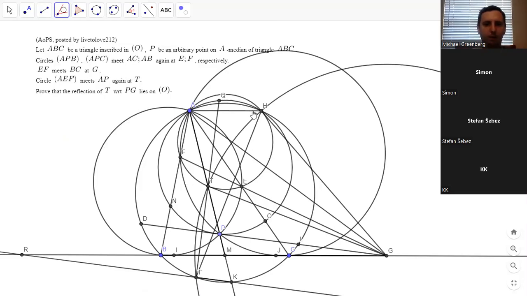Oh, yeah, because if HM intersects the circle at another point, then yeah, that would be a symmedian. So yeah, we can prove that RSBC is harmonic.